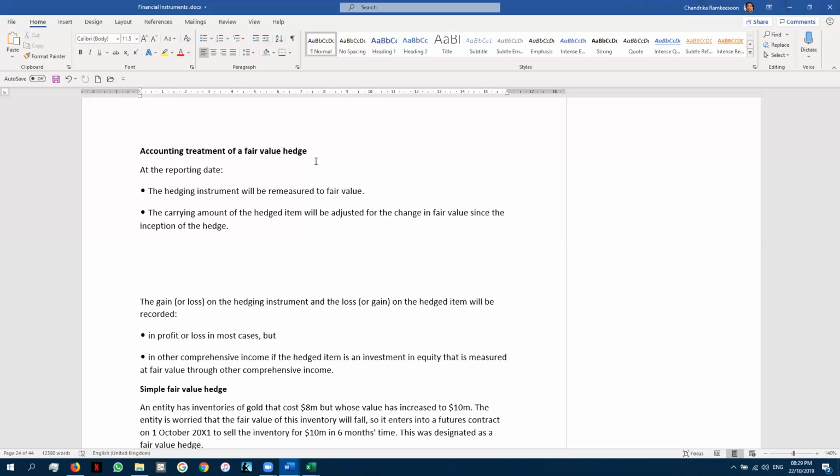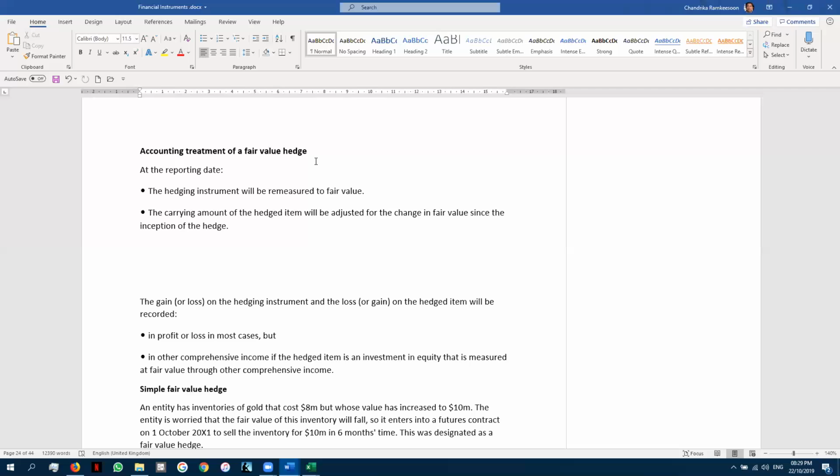Now remember earlier in the handout, we saw that if an investment in equity is measured at fair value through P&L, that means that the investor, the company buying the shares, intends to regularly buy and sell shares, in other words, hope to profit from price movements quickly. But if, on the other hand, the investor intends to hold on to the equity a bit, then it is normally measured at fair value through OCI.